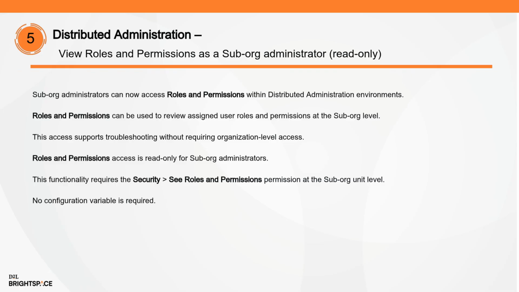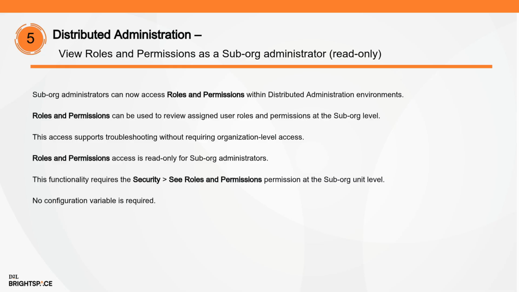Sub-org administrators in distributed administration environments can now view roles and permissions at the sub-org level. From course administration, sub-org administrators can open roles and permissions to review assigned user roles and permissions and troubleshoot access issues more efficiently. Access is read-only, so sub-org administrators cannot create or edit role permissions.